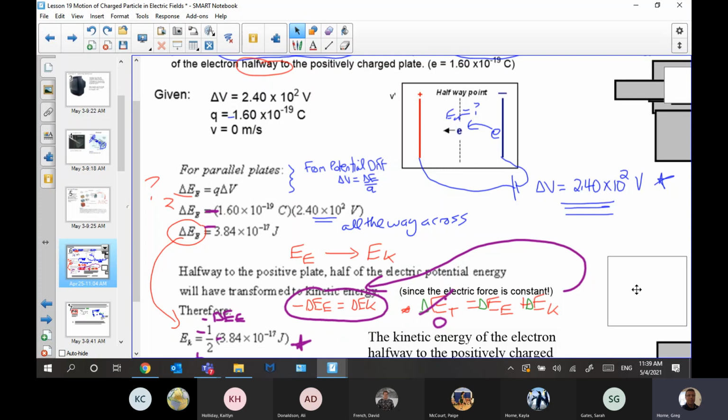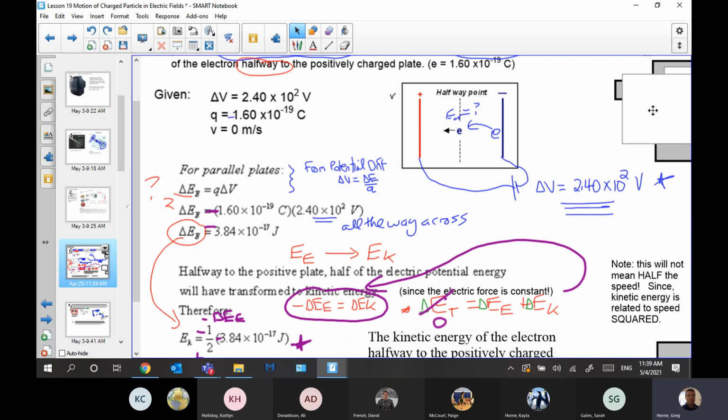And this isn't something that's specific to electricity and charge plates and so on. This is a fact about anything that's accelerating. And the way you can think of this is as this electron accelerates to there, it's going slow. It's stopped in the beginning, right? So it's going to take longer for it to get halfway than it does to get the rest of the way. Because here you're starting with 0 velocity, ending up with a velocity of, let's say, 10 meters per second.